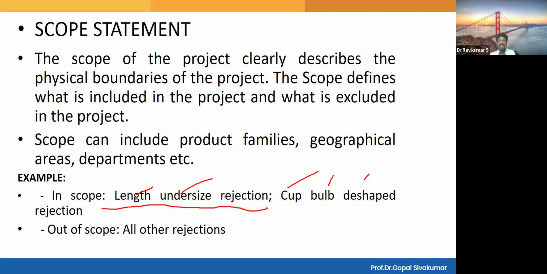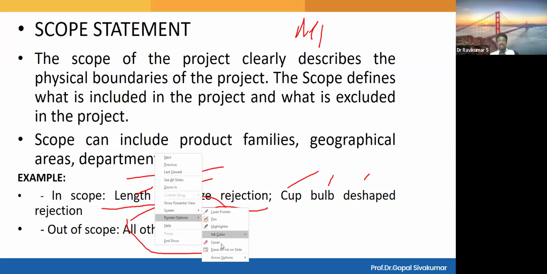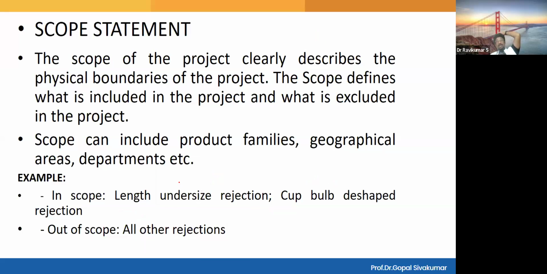So all other rejections, we are bothered only about what? Defective button and poor stitching. We are not bothered about other things. Okay, so we have to include this defective button and poor stitching, and all other rejections are not included. We are not going to bother about them. That is scope statement.